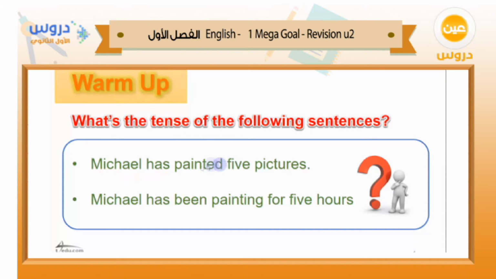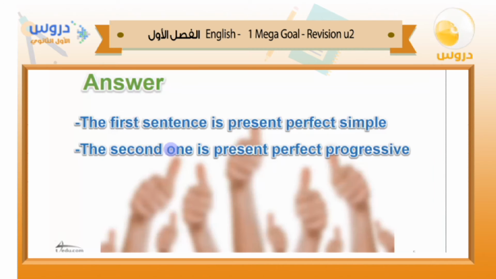We should focus only on the verbs in any sentence in order to understand the right tense. The right answer is the first sentence is present perfect simple, and the second one is present perfect progressive. And both are talking about the present, number 1 and also number 2.